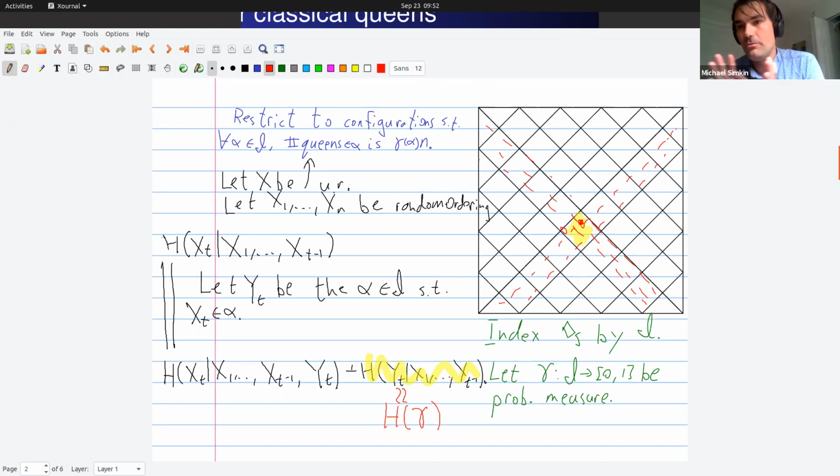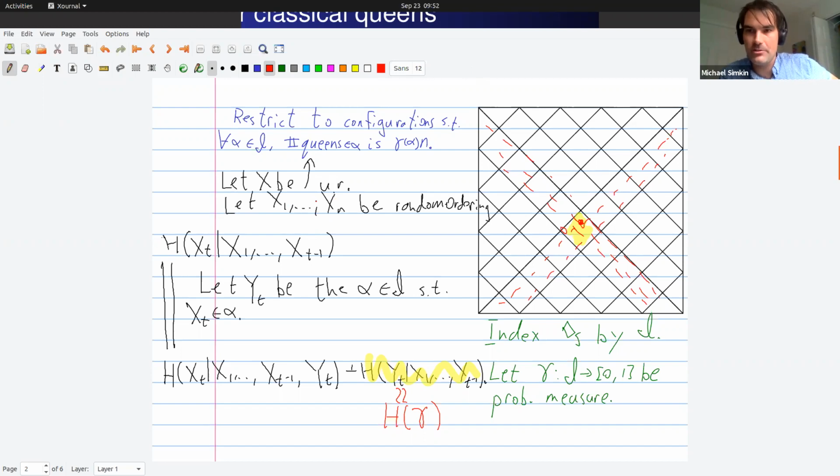What I then do in the proof is say, okay, I want to know if this bound is tight. In order to know that, I can imagine a different process where I still reveal queens one at a time, x1, x2, and so forth. But now what I'm trying to do is construct a new configuration. So I skip the step where I draw x uniformly at random.